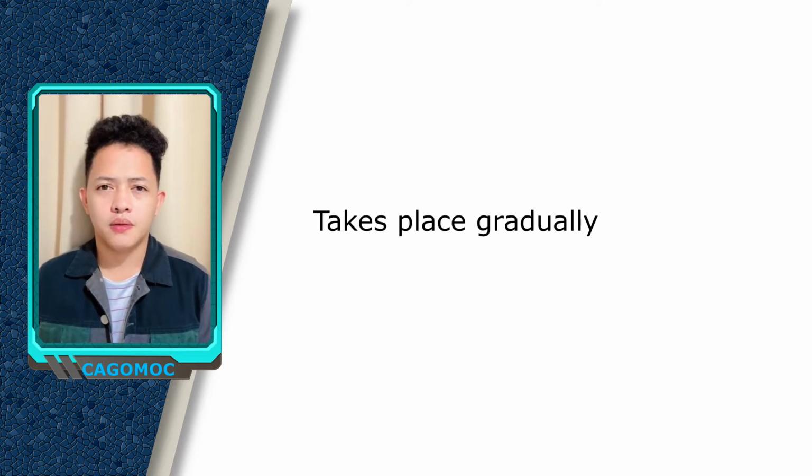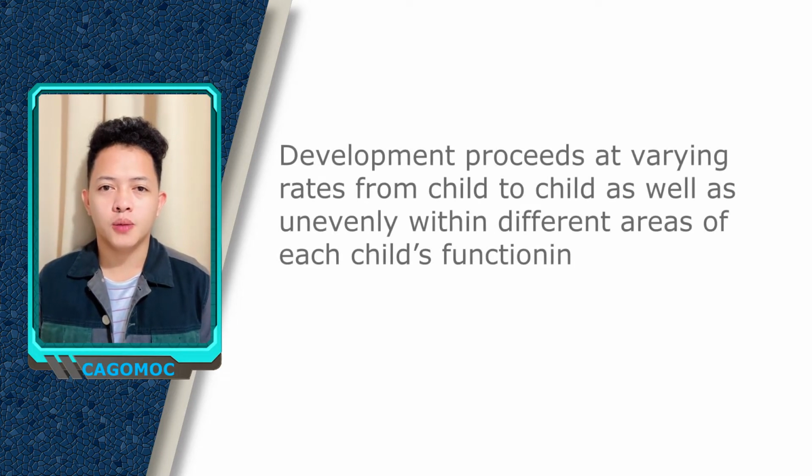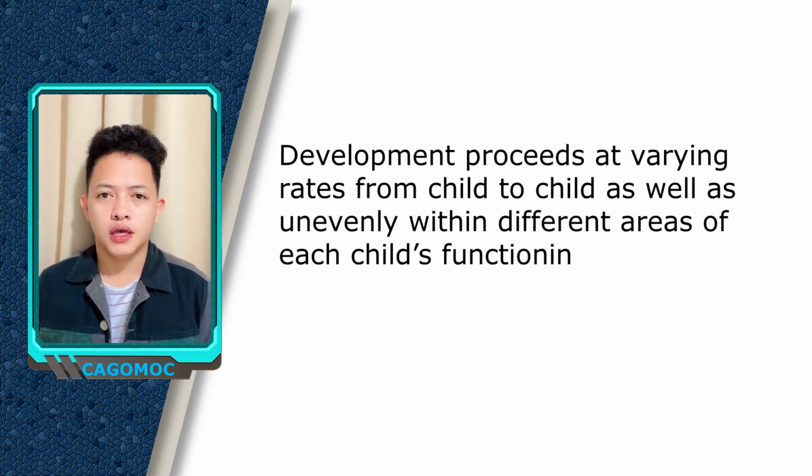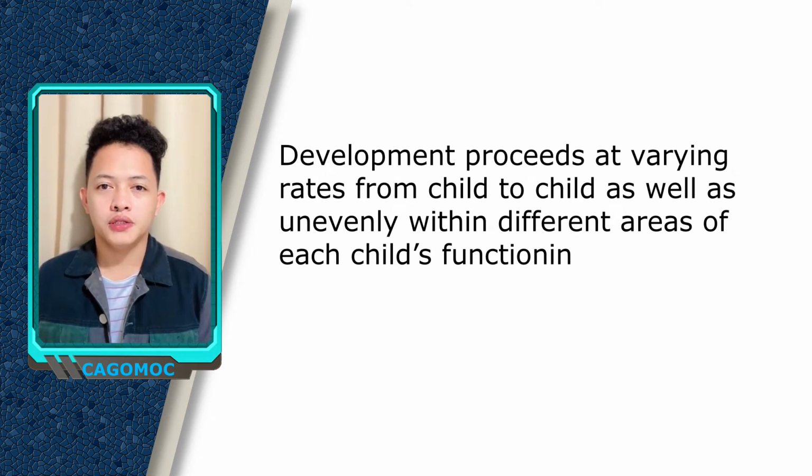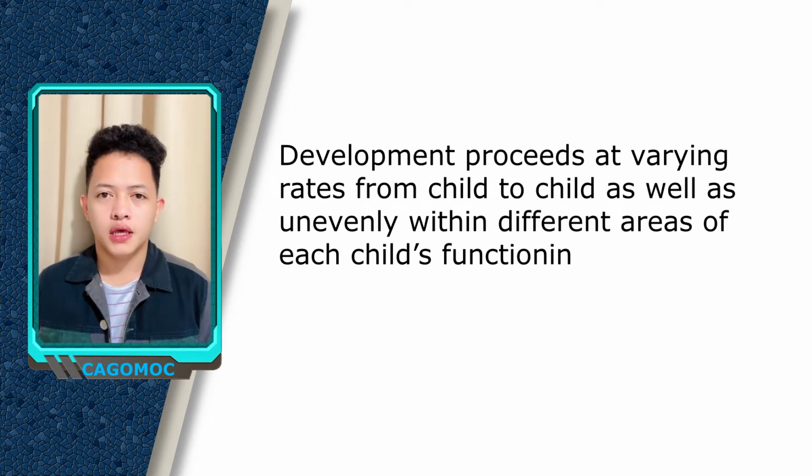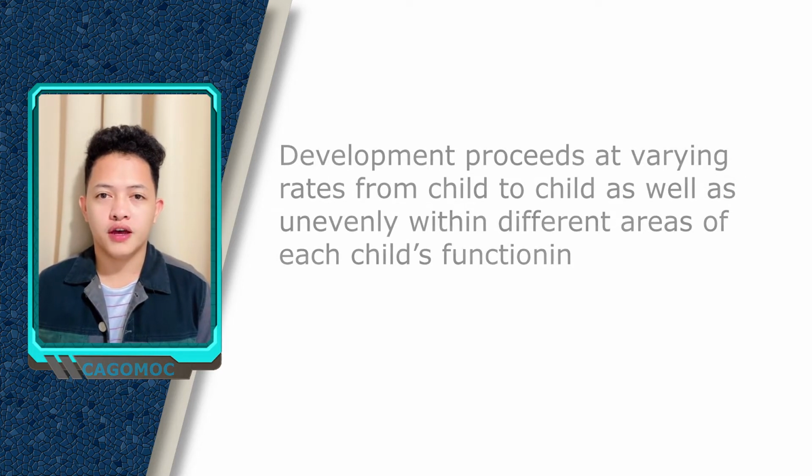Third, all domains of development and learning, physical, social and emotional, and cognitive, are important, and they are closely interrelated. Lastly is development proceeds toward greater complexity, self-regulation, and symbolic or representational capabilities.